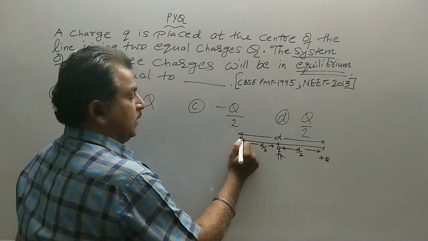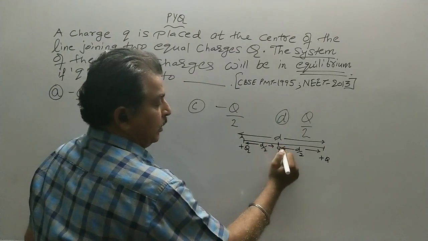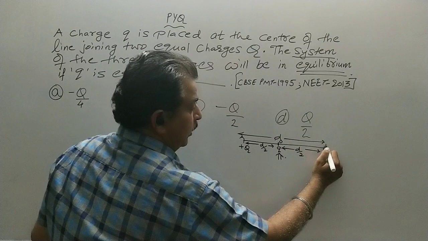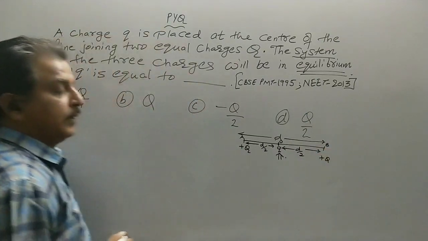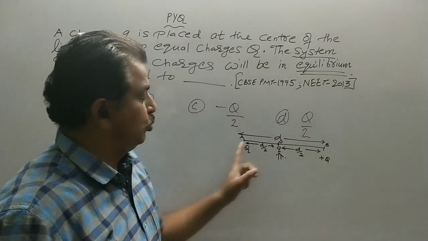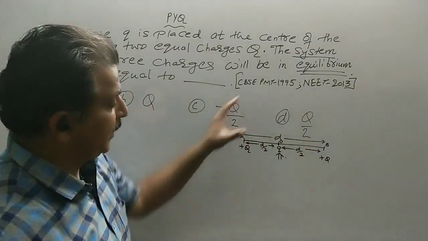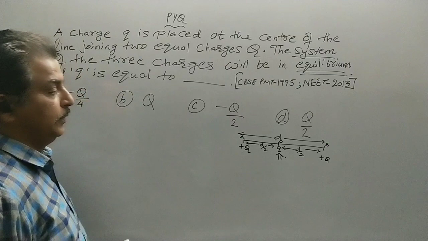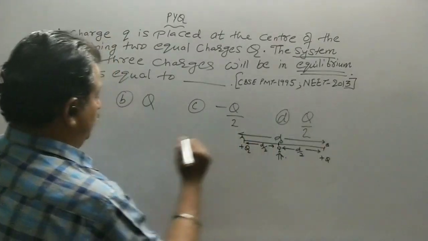So let us name this as point A, center O, and point B. So the resultant force on any of these two charges should be 0. For the entire system to be in equilibrium, we have to find out its value.